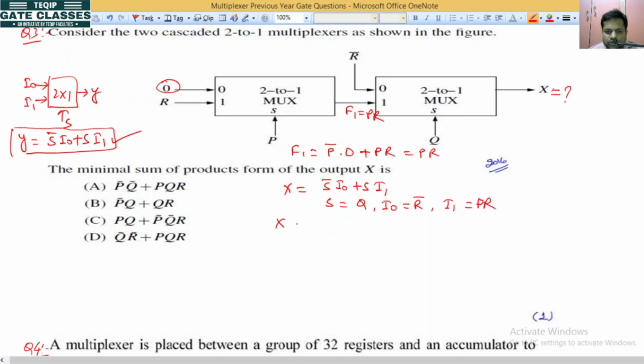Put these values in that equation. So we have q bar times I0, which is r bar, plus s, which is q, times I1, which is pr. So it will be q bar r bar plus pqr. So which option is it? Option D is correct.